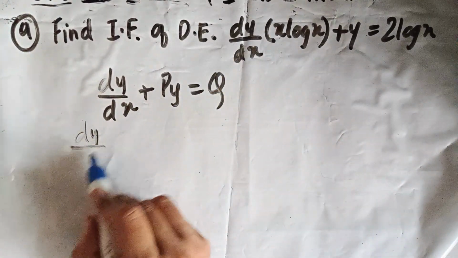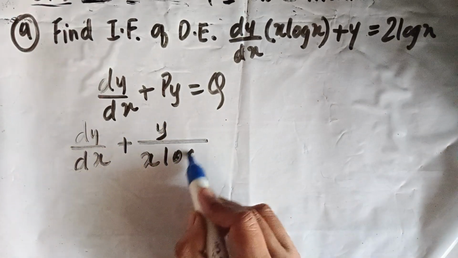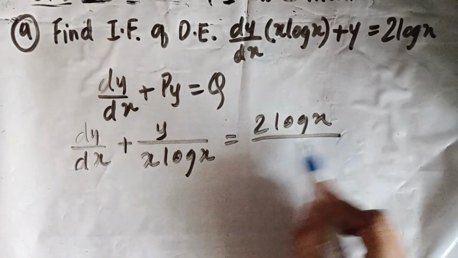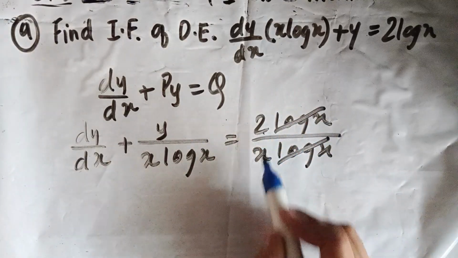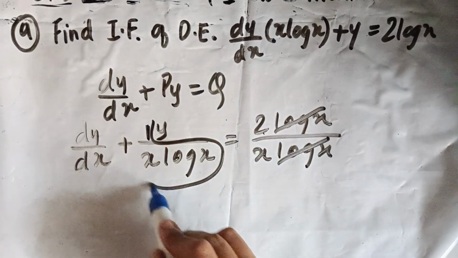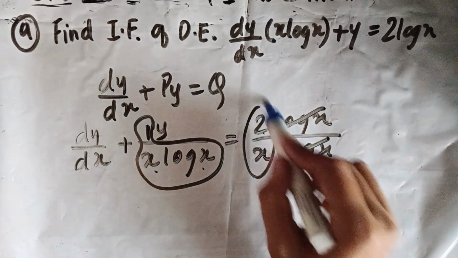So we'll get dy by dx plus y upon x log x equal to 2 log x upon x log x. Okay, so you'll get 2 by x. So our p is 1 upon x log x. Our q is 2 by x.